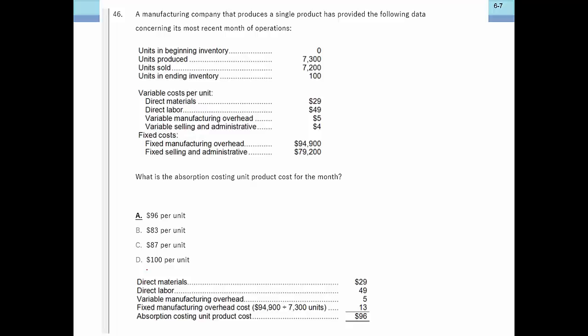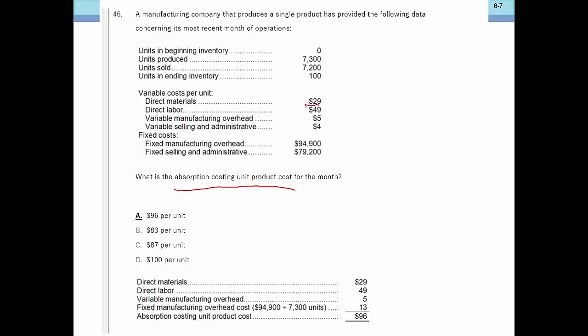All this problem was asking me to do was come up with my unit cost for absorption costing. So I know I have to pick up direct materials, direct labor, variable manufacturing overhead. So I get on my variable, but I also have to pick up fixed manufacturing overhead, right? Let's see if I can do that. I know the answer's down here, but let's just write it together so we can see how we go through this as a problem.